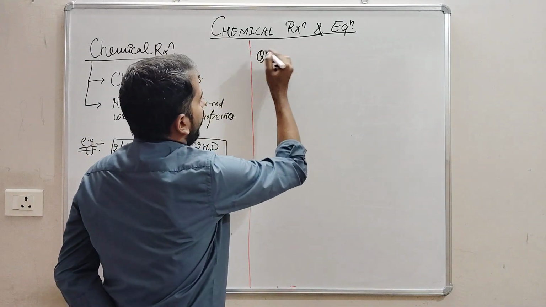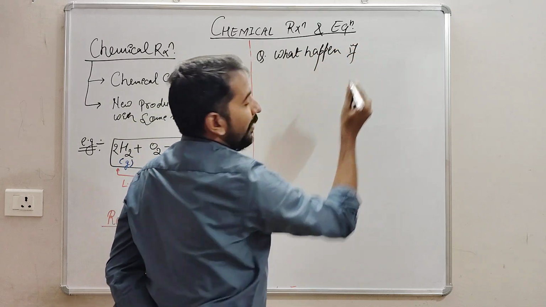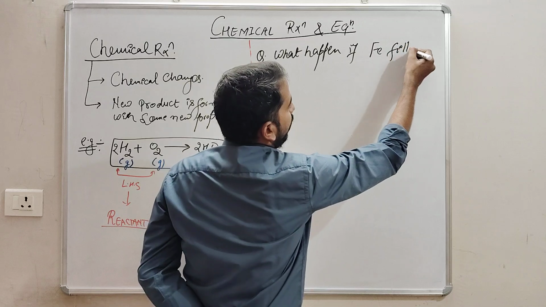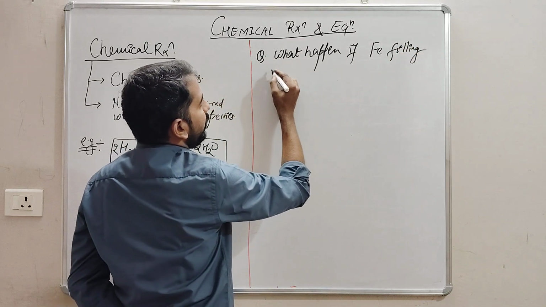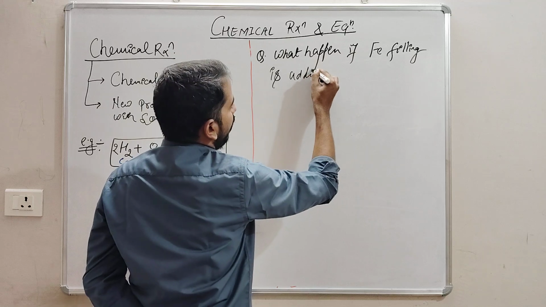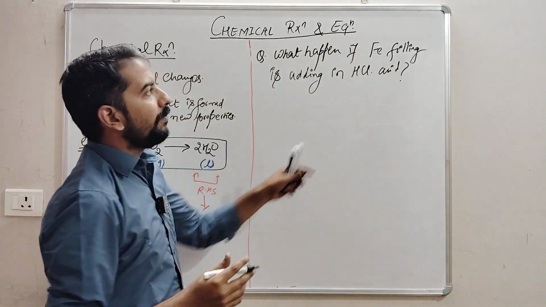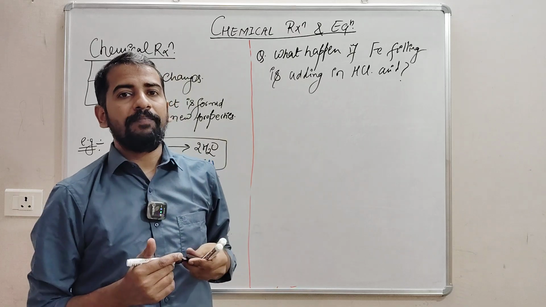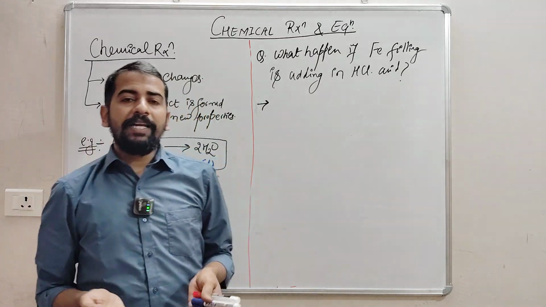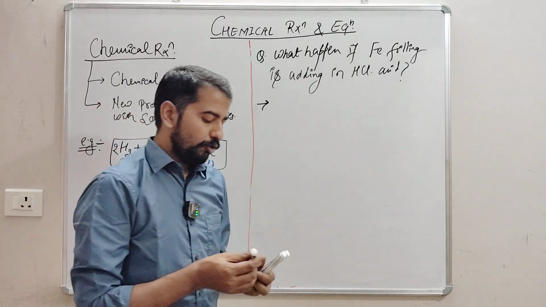They have said what happens if, maybe language is different, so you can check your NCERT book, if iron filings are added in हाइड्रोक्लोरिक एसिड, ऐसा कुछ क्वेश्चन है, ठीक ना, कि जब आयरन फीलिंग्स को हाइड्रोक्लोरिक एसिड में ऐड करोगे तो क्या होगा. तो इस पे हम लोगों ने अभी अभी क्वेश्चन किया हुआ है. I have said to you any metal whenever it will react with acid it will give salt of that metal and hydrogen gas will evolve. So you can write that reaction.